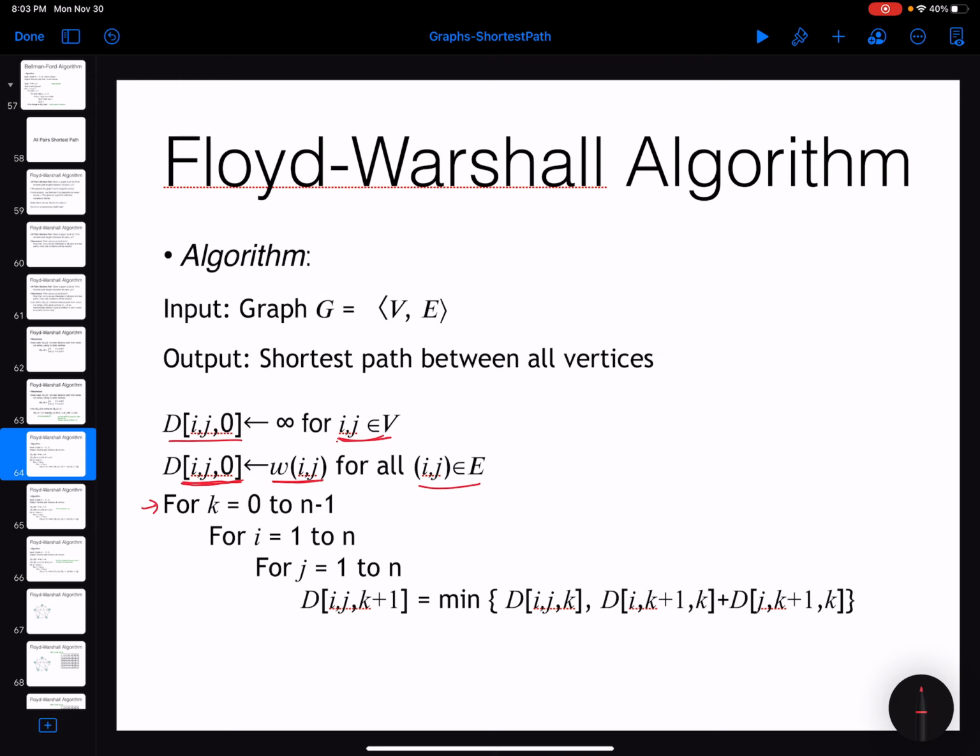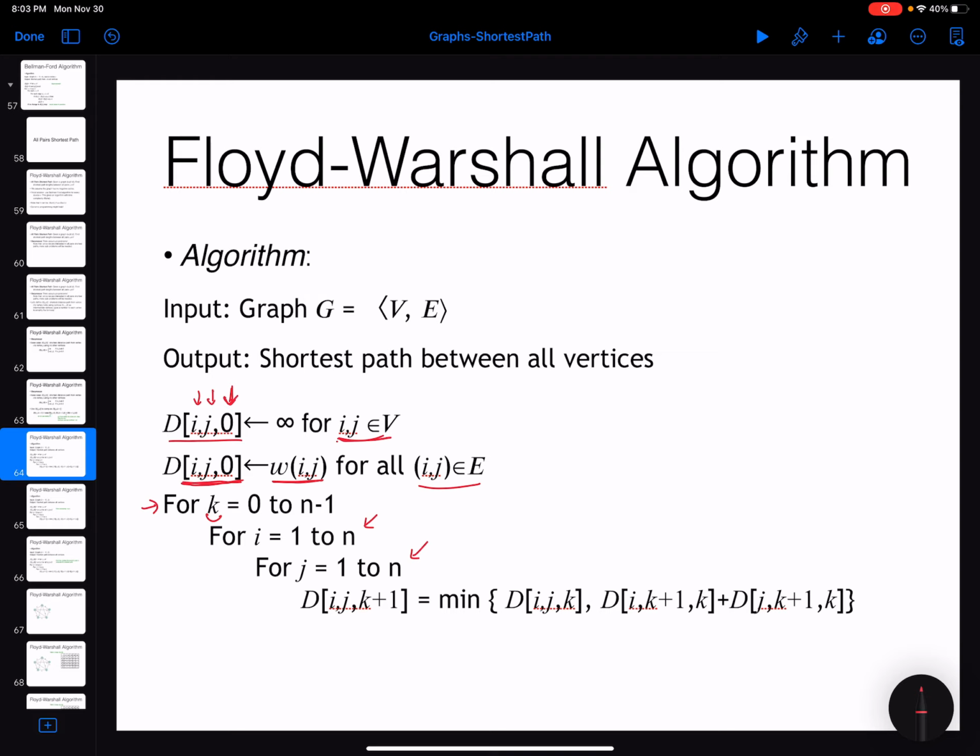And then I need 3 loops, right? You can see that I have 3 dimensions in my recursive relation, so for each one I need a loop. The first loop is going to iterate over k, this loop iterates over i, and this loop iterates over j.